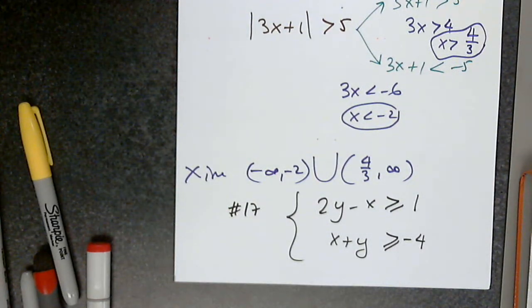Graph the solutions of the following system of linear inequalities. How do I start? What do I do? What is the idea here?